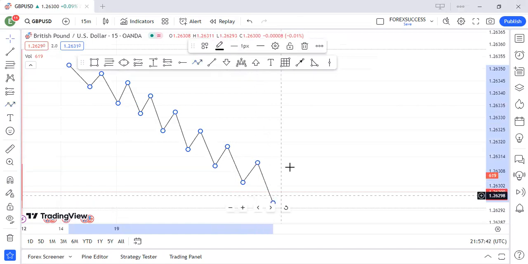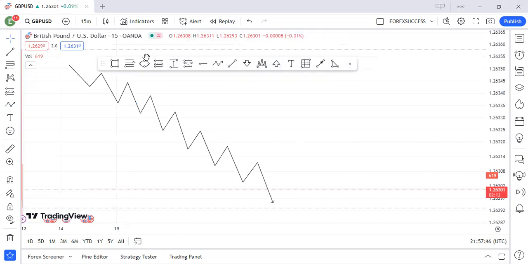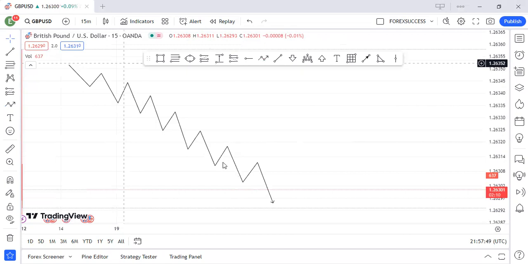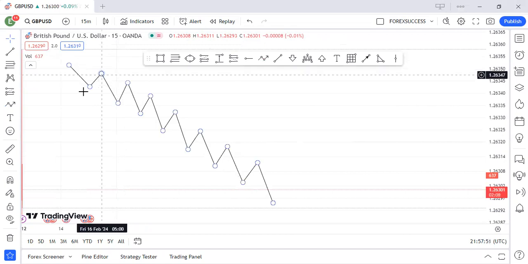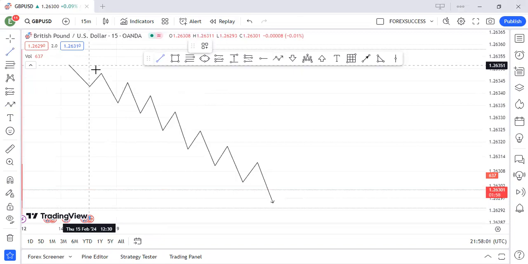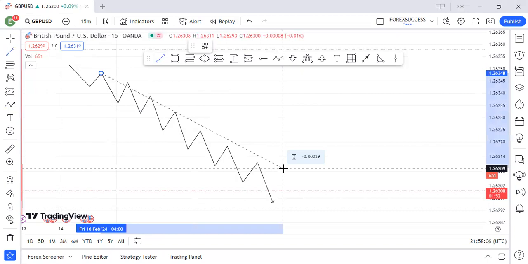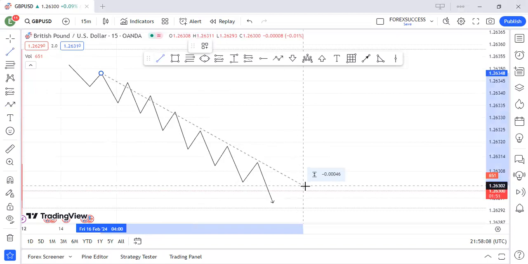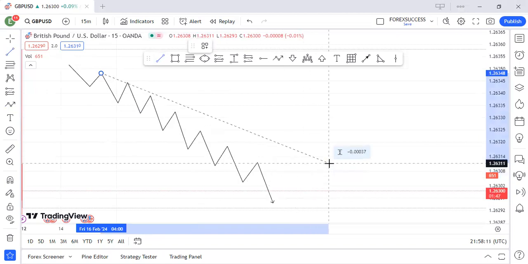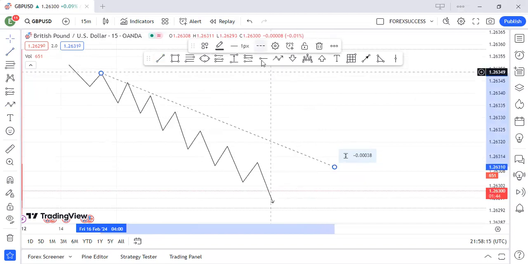Okay, let's solve this. Now you see price giving you something like this: a lower low, lower high, lower low, lower high. Now you draw your trend line from these lower highs. You do it this way, right? Let me just make this white.